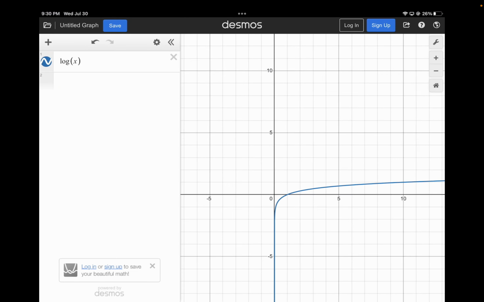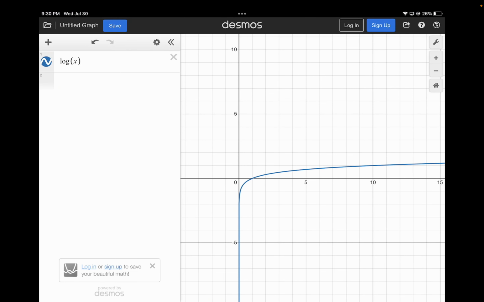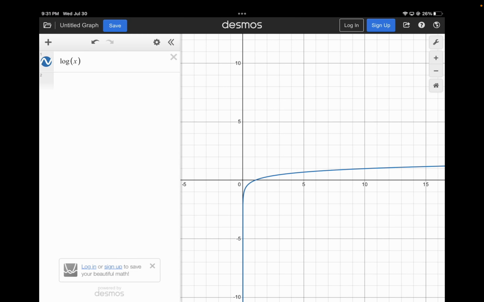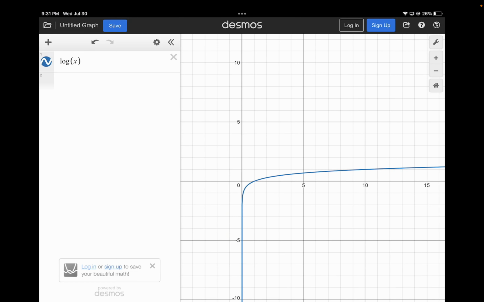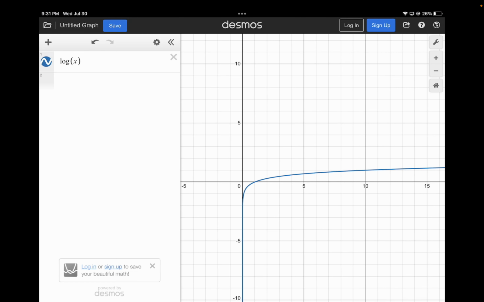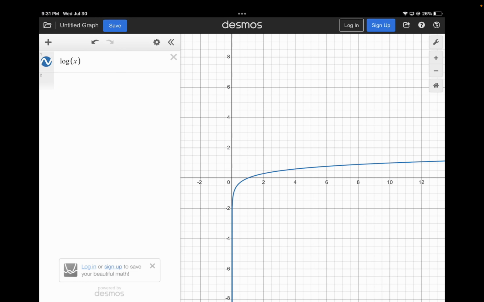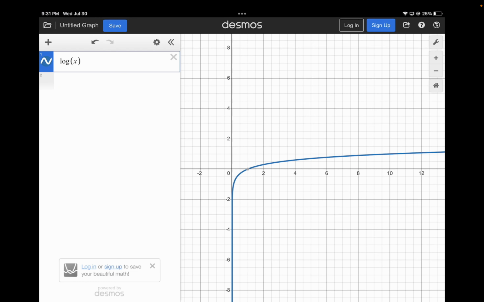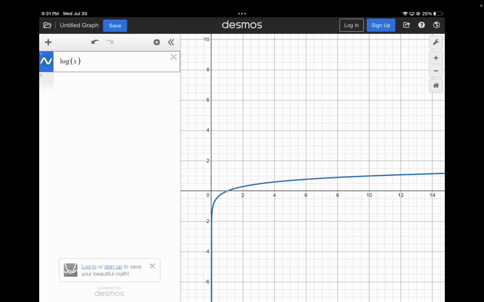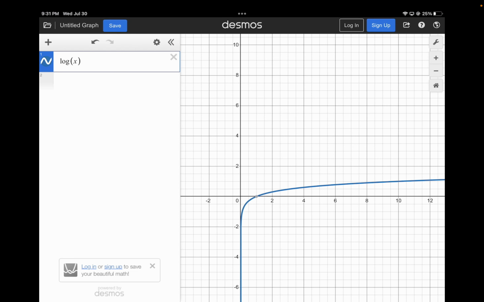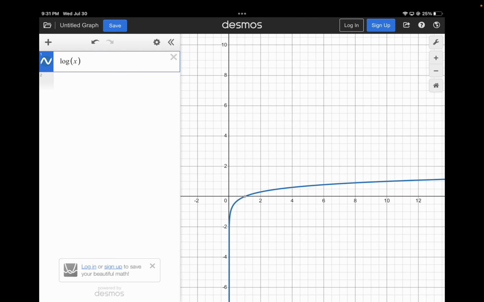From what I remember, log graphs tend to look like this, right? I don't know what this would look like, but typically it increases very slightly towards positive infinity in the x direction.